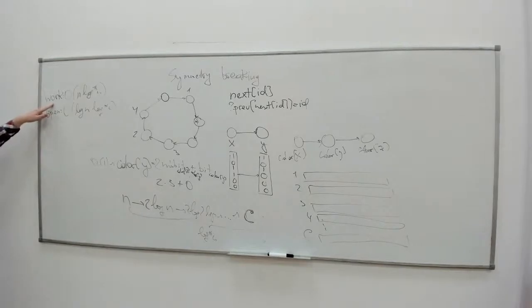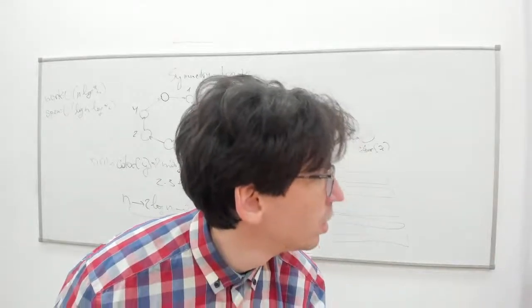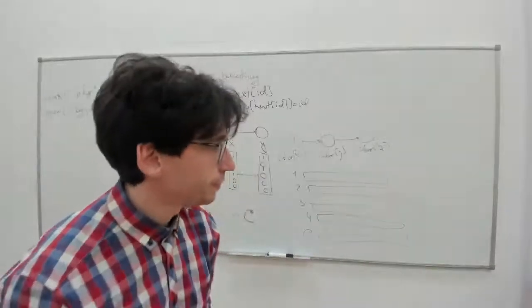But the problem is in here, right? Because you can color the cycle much faster, in linear time. Obviously, this is not exactly what we want.